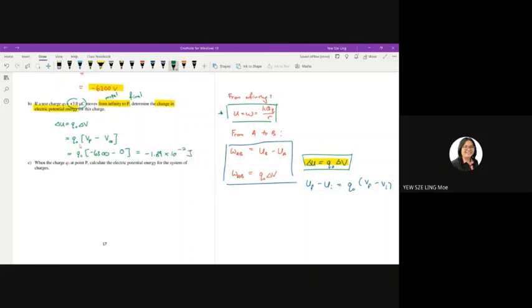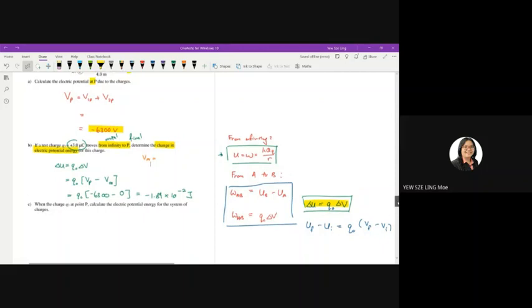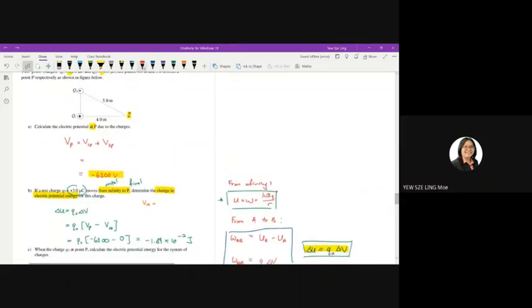Now, how do I know V infinity is equal to 0? Let us go back to the original question. If you are going to calculate the V at infinity, we use V1 at infinity plus V2 at infinity.